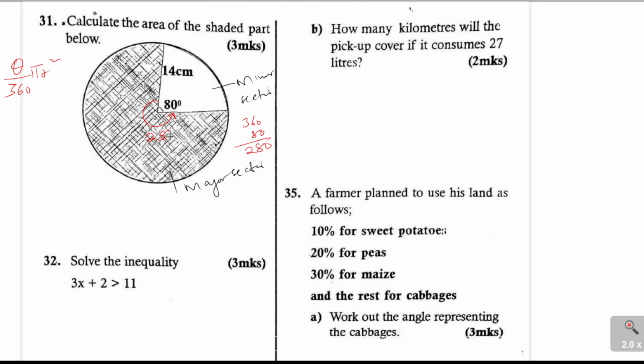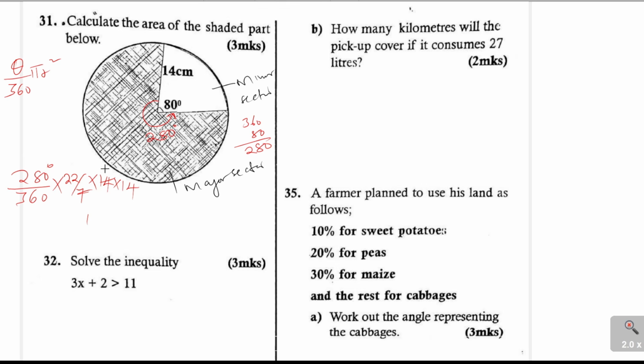So when you're getting the area of that sector, you should use the angle subtended by the major sector. That is 280 degrees divided by 360 multiplied by pi, which is 22 over 7, times radius squared. Radius squared is radius times radius. From there you can work it out using a calculator.